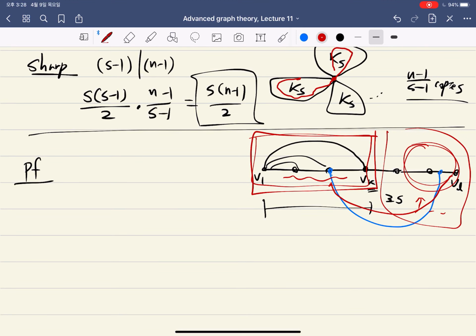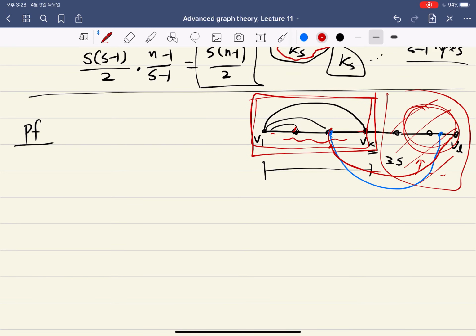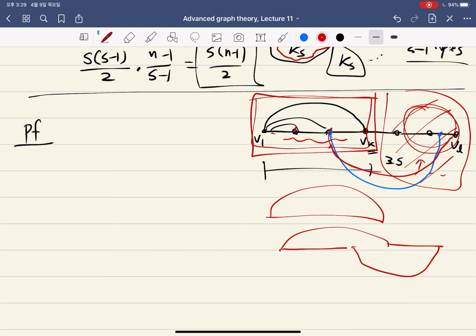So if we don't have a cycle here, that means this is sparse. So that means there is some vertex with high degree. So we either have a cycle of this type or a cycle of this type.